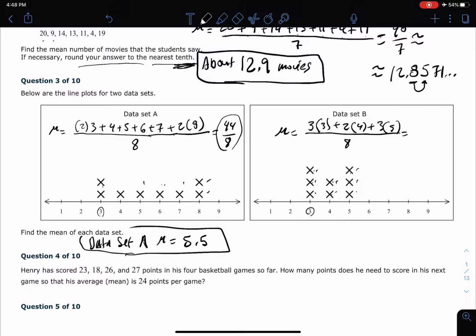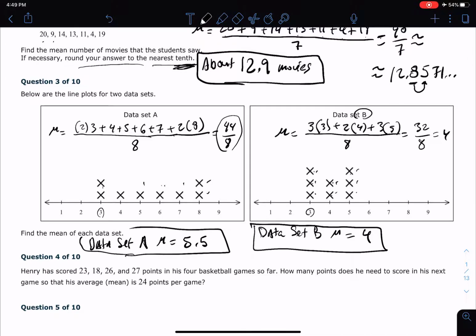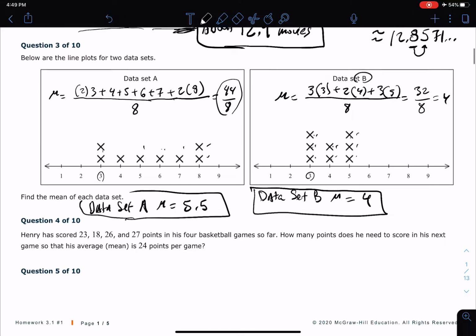So when I do the math, I get 32 divided by 8, which equals 4. So data set B has a mean of 4. And whether we found it by weighted or non-weighted, we could have done them individually as well, and we would have got the same answer.